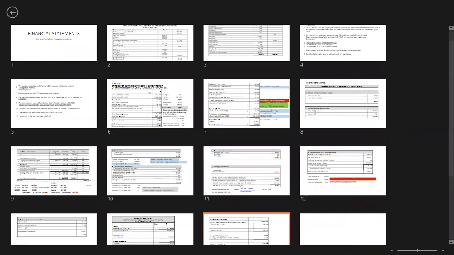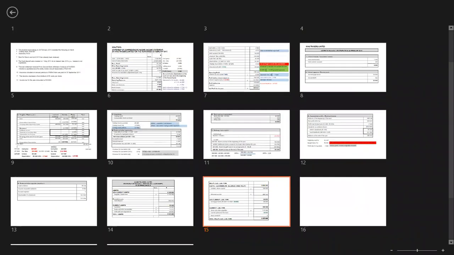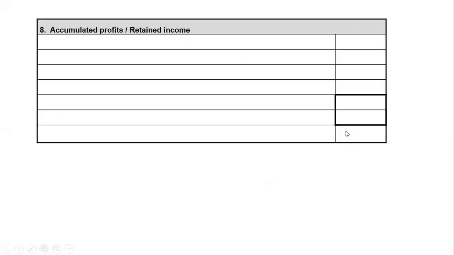Actually, I'm not done with the first transaction. I still need to record the profit or loss due to buyback, which will be recorded in my retained income. Note that these shares were bought back at 40,000 rand.